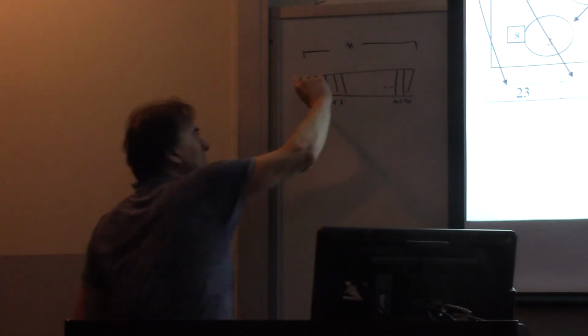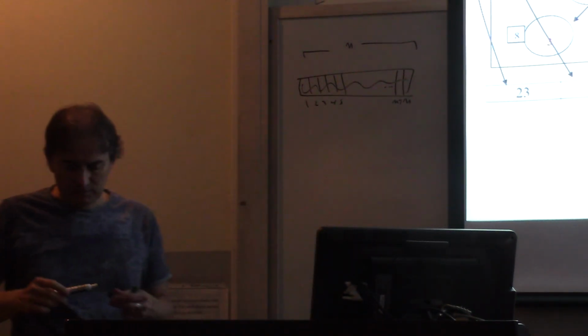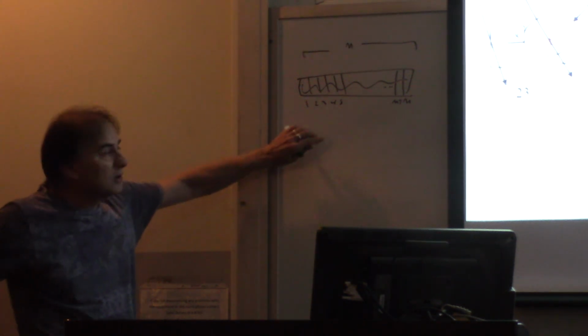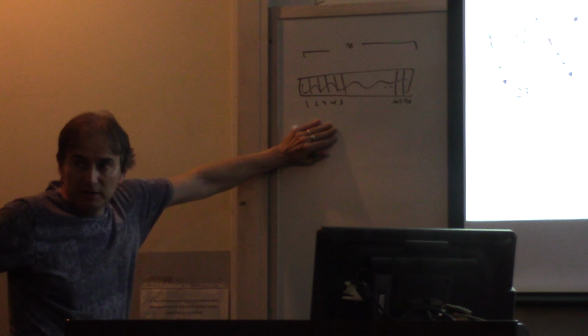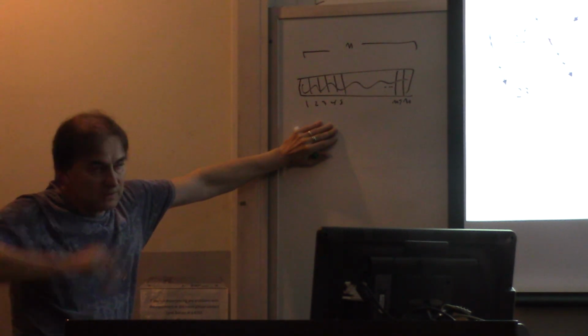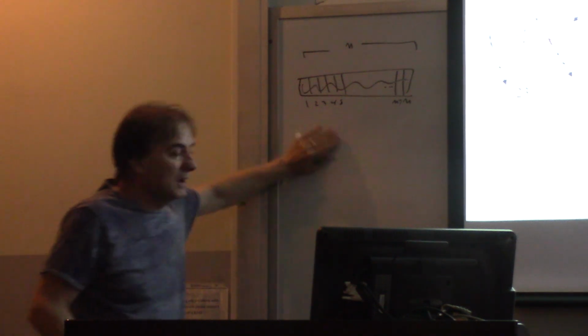And I'm going to randomly initialize these elements. Okay? And I want to know how long is it going to take me to turn this array into a heap? Not only that, but I want to know how the heck do I do it? How do I turn this array into a heap? And what's the cost of it?